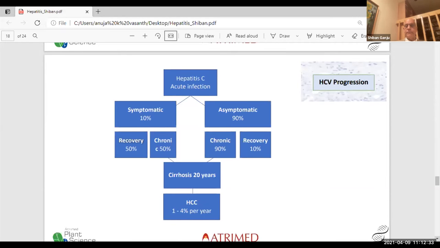The commonest cause of hepatocellular carcinoma in the world at the moment is these viruses, hepatitis B and C. B mostly in the underdeveloped world, and hepatitis C causing hepatocellular carcinoma in the developed world where there's less prevalence of hepatitis B. Most of the transplants nowadays in the Western world are done because of cirrhosis due to hepatitis C. Next slide, please.